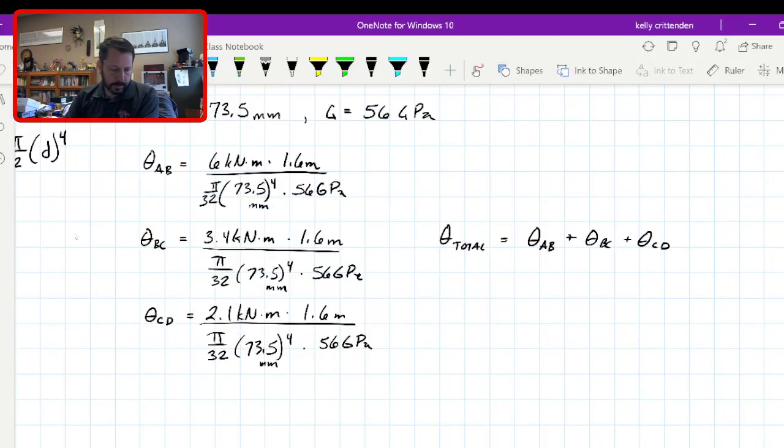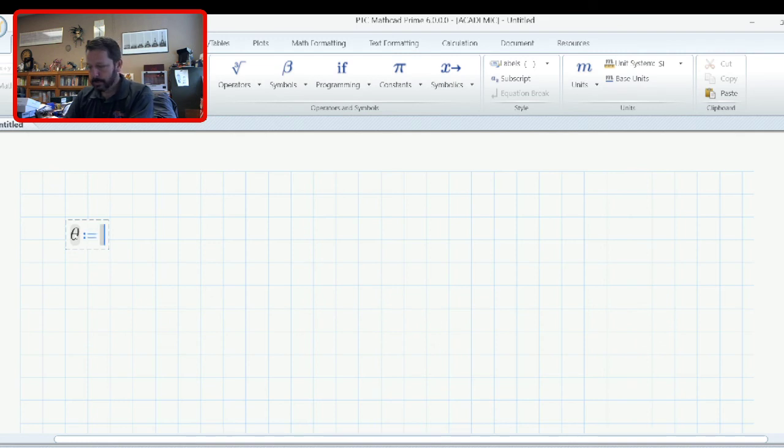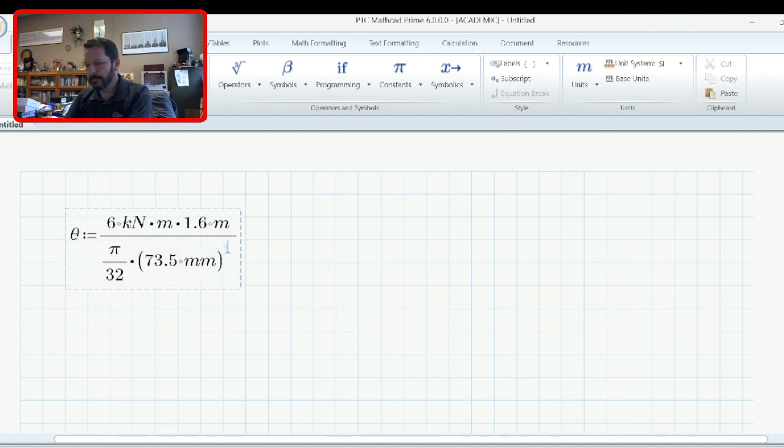So what was this number? 6 kilonewton meters times 1.6 meters. Oops, that's TL over pi over 32 times 73.5 millimeters to the fourth times what was our 56 gigapascals, I think.